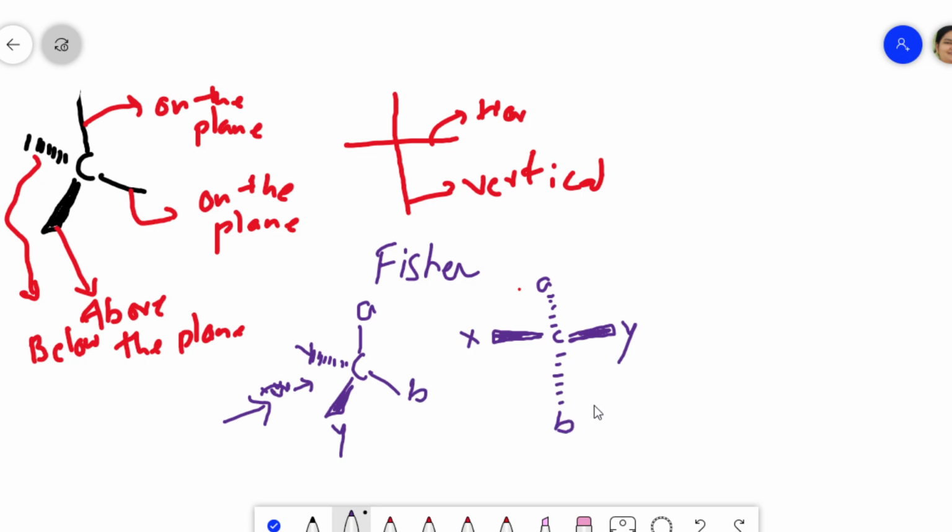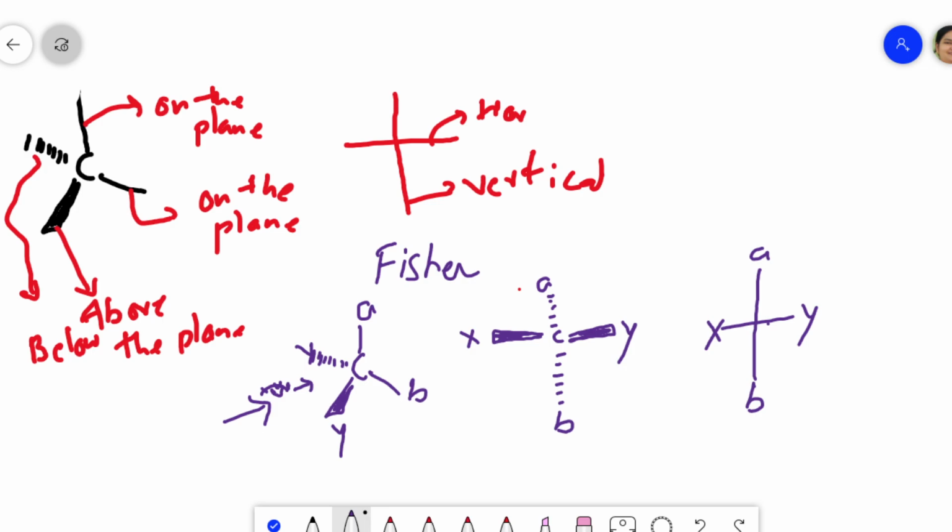So that's your X, Y, A and B. Now you go for representing that one in your Fischer formula like that. Keep a straight line. Here comes A, here comes B, and this way it is Y, and this way it is X. And what is this projection? This is your Fischer projection. Okay, so that's how you get wedge converted to Fischer.